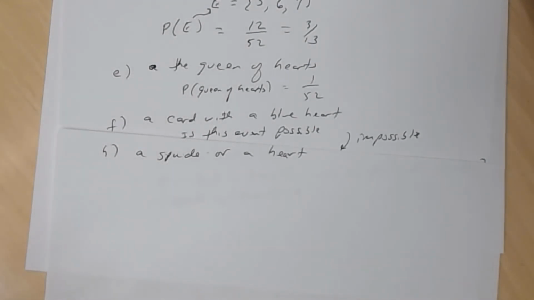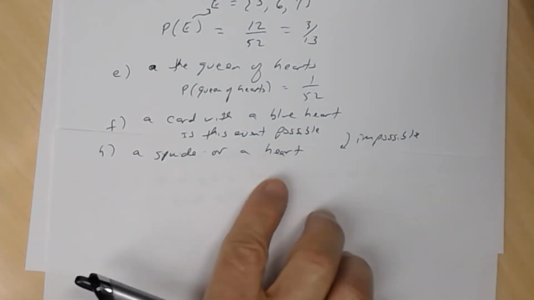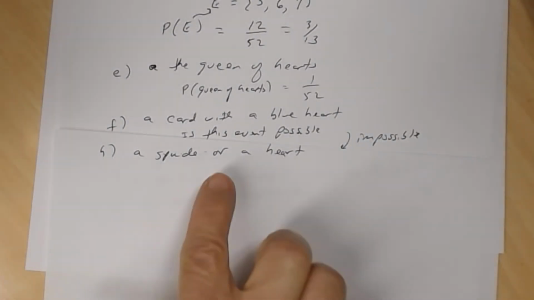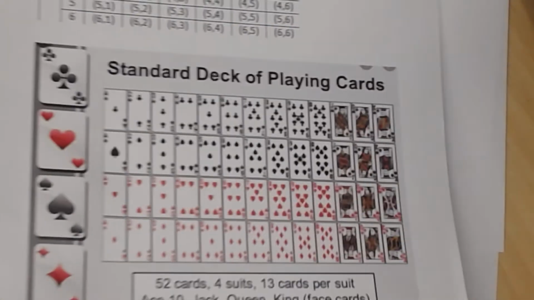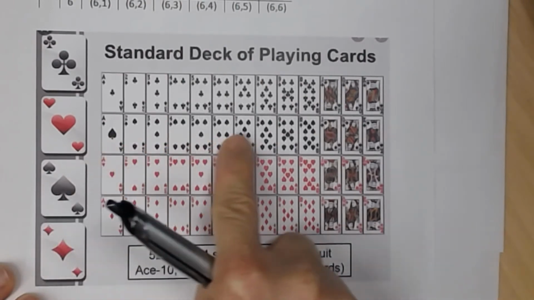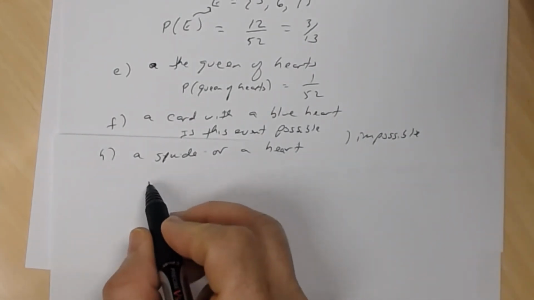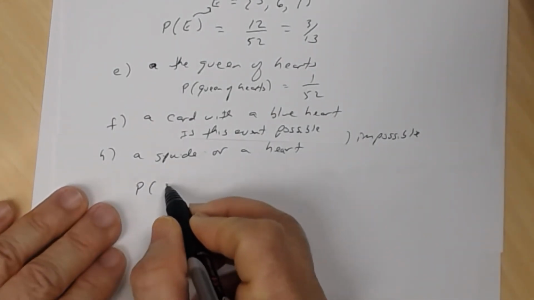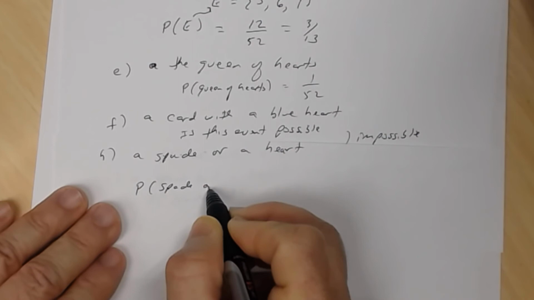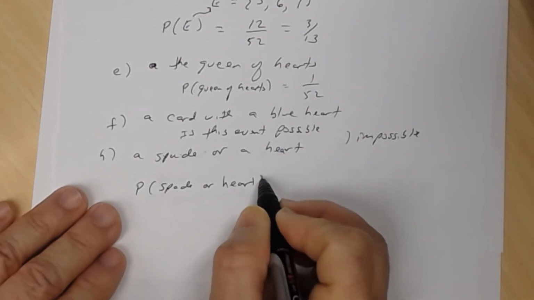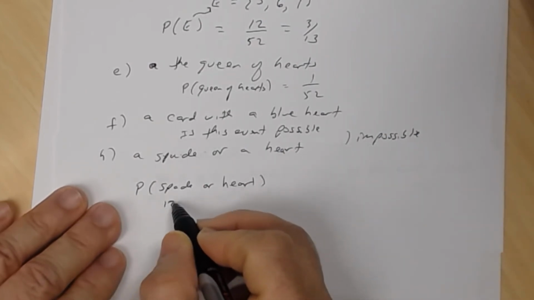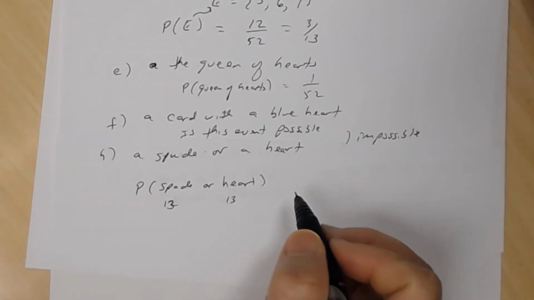A spade or a heart means either I want a spade or I want a heart. So that is possible. How many spades are there? There are 13. How many hearts are there? There are 13.